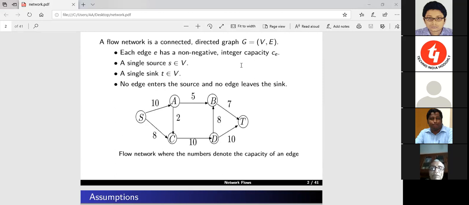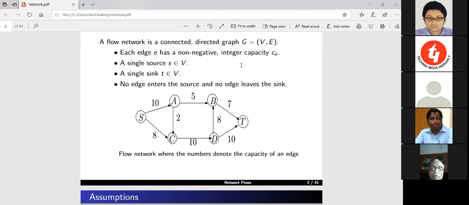So 8 plus 5, those 13 units are being flown from S to T. So a flow is basically, you assign values to every edge, which represents how much commodity is being transported along that edge, and that amount cannot be more than the capacity of that edge. So you cannot flow more than what your capacity is.